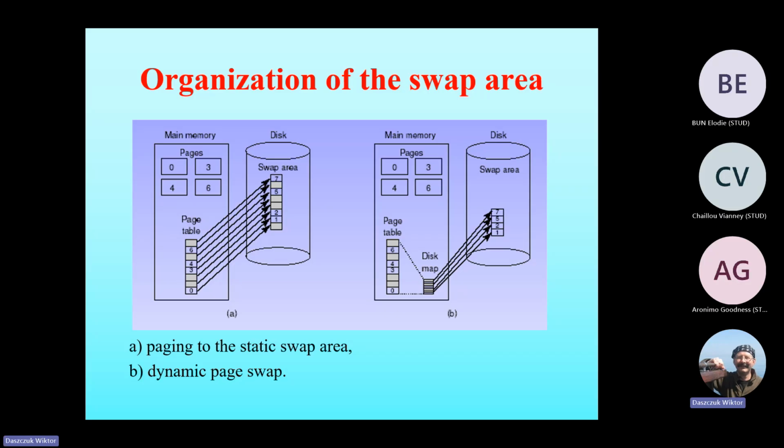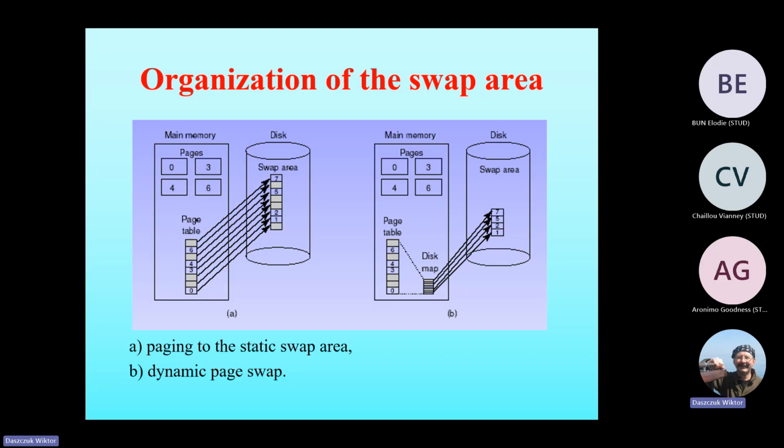And if the page is dirty, of course, it has two images, in memory and on disk. And the page is written down to the disk if we swap the frame that holds this page for another page.